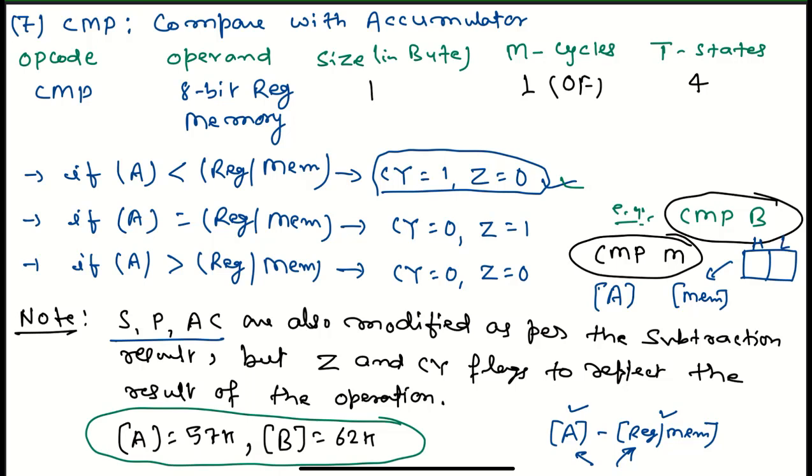So let's say if this HL register pair content is 2050H before execution of this instruction, so at this memory location, what is the content? That content will be compared with this accumulator content with the similar mechanism, and as per the subtraction result, it is going to reflect over the flags or modify the rest of the flags. So here also the carry flag and zero flag will be used to reflect the result, and rest of the flags will be modified as per the subtraction result.